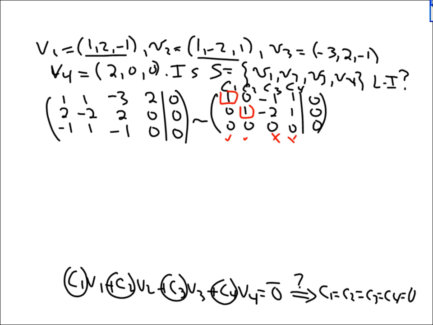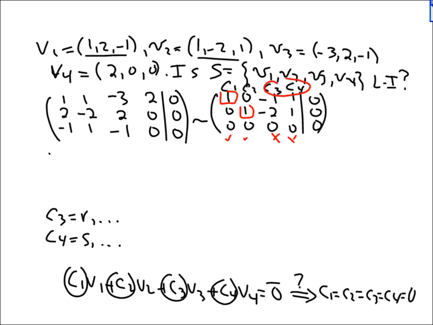Columns 3 and column 4 do not. That is, C3 and C4 are said to be free variables. C3 can equal R. R is a real number. C4 is equal to S. S is a real number. On an exam, don't dare put just 3 dots like I did.